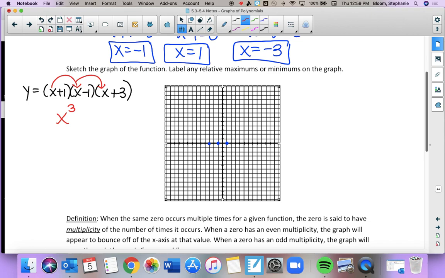So from there, I know what's happening on the right-hand side of my function, right? Is my leading coefficient positive or negative? Positive. So what's my right hand going to do? Positive infinity. Left side, odd or even degree? Odd. So what does it do? Opposite. So that's negative infinity.